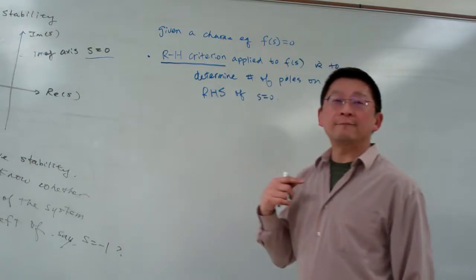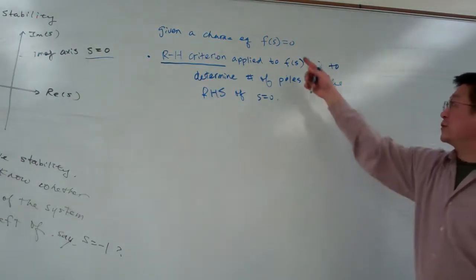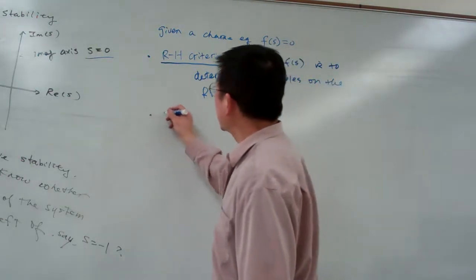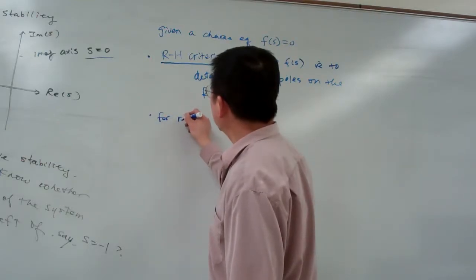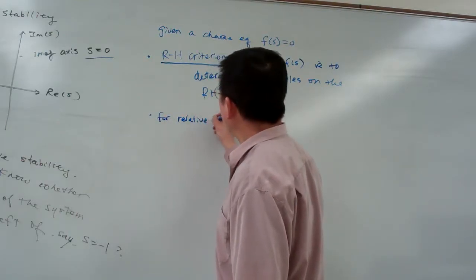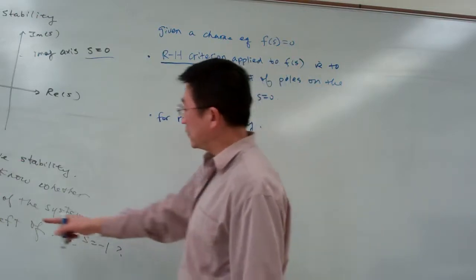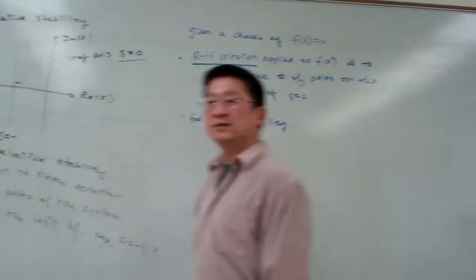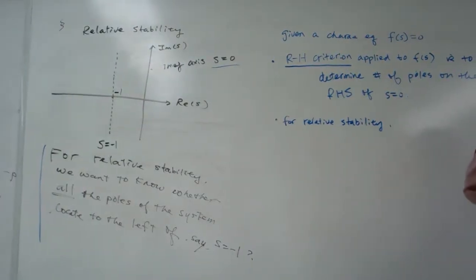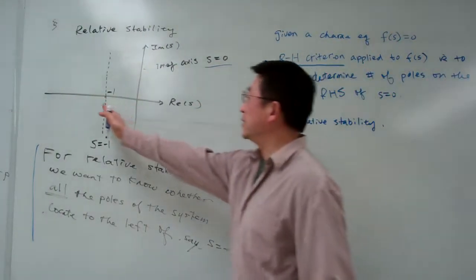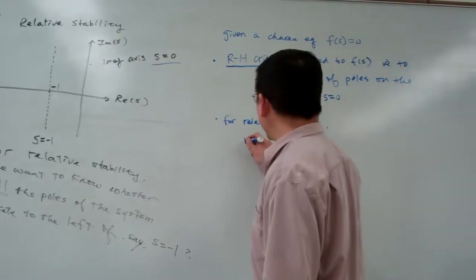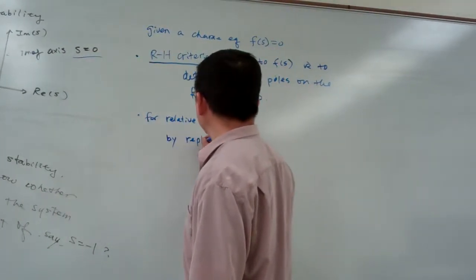We tailor the information of s for relative stability. Then what we can try is to simply shift the axis to here.